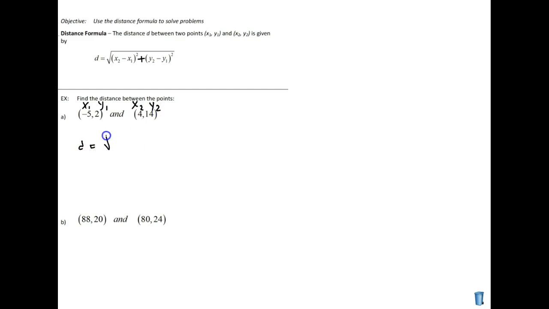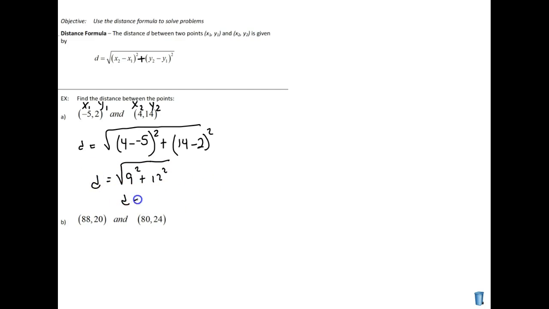And so we just follow along here. The distance equals x2 minus x1, and then we square that, plus y2 minus y1, and we square that. So this becomes 4 minus negative 5, which is 4 plus 5, so that's 9 squared, plus 12 squared, because 14 minus 2 is 12.